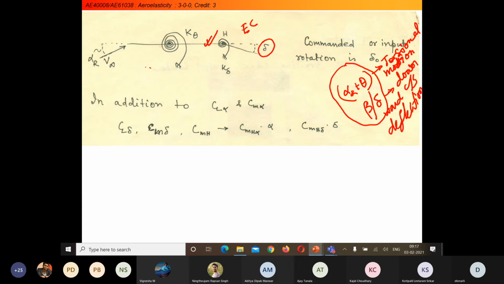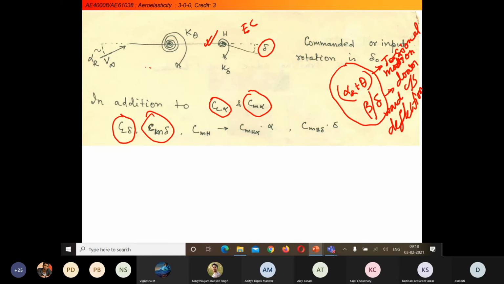We need certain aerodynamic coefficients. One is CL alpha, the lift curve slope, and CM alpha, the moment coefficient. Then we have CL delta, which is the overall lift developed due to control surface deflection. Then CM delta.